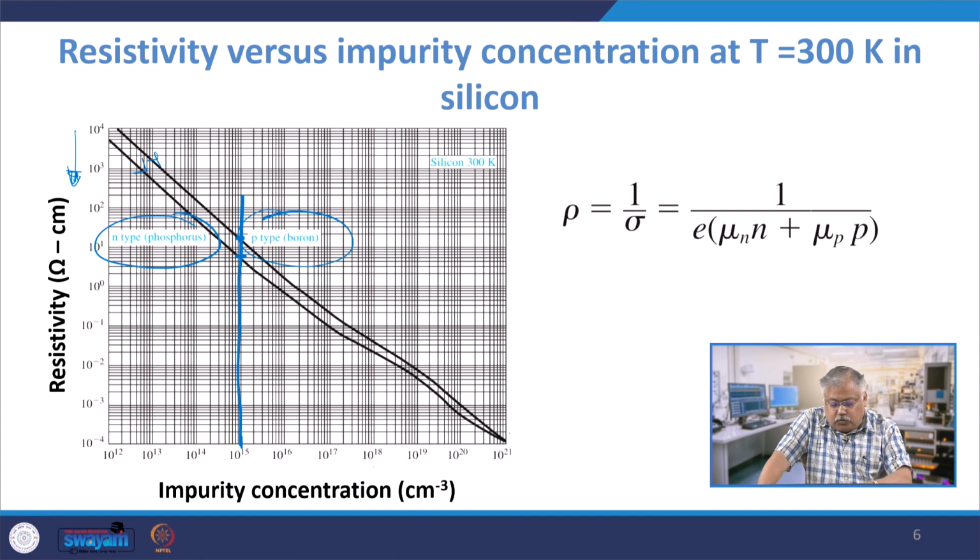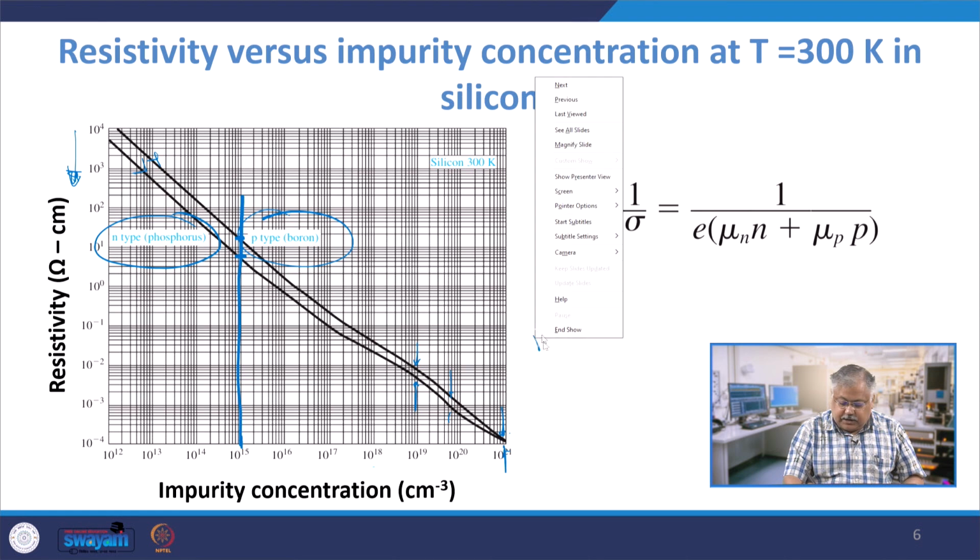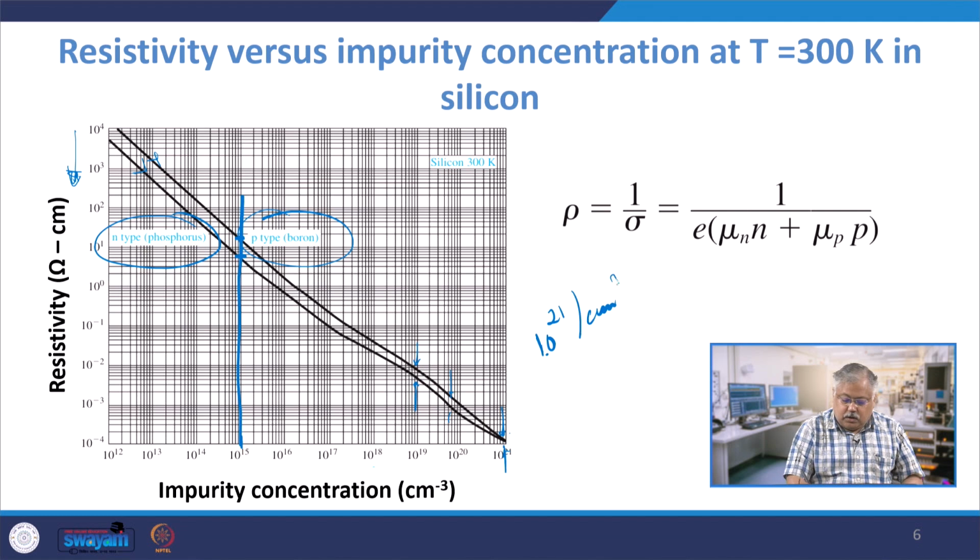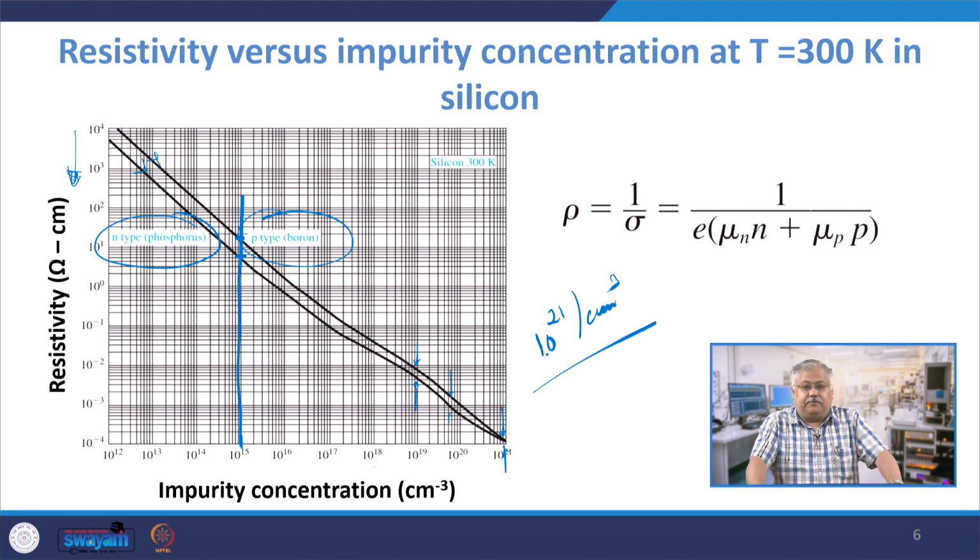But as you move towards higher impurity concentration, the difference starts to reduce and almost vanishes at 10 to the power 21. So, when your impurity concentration is 10 to the power 21 per centimeter cube, you end up having almost no difference between the n type phosphorus and p type boron resistivity.